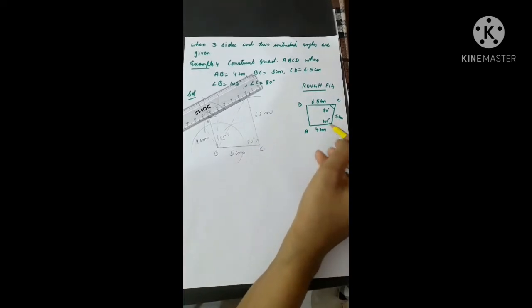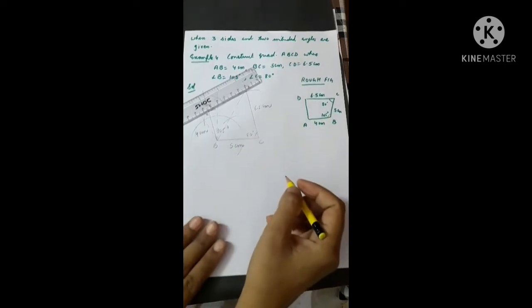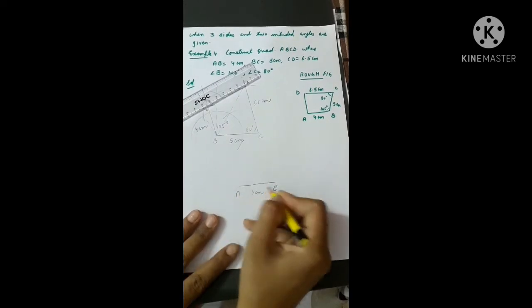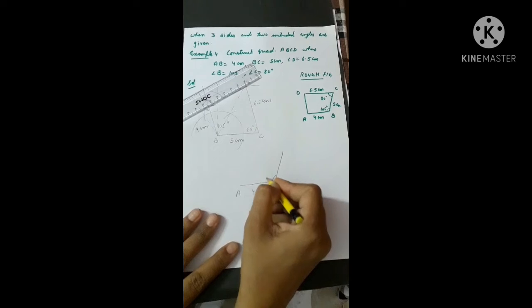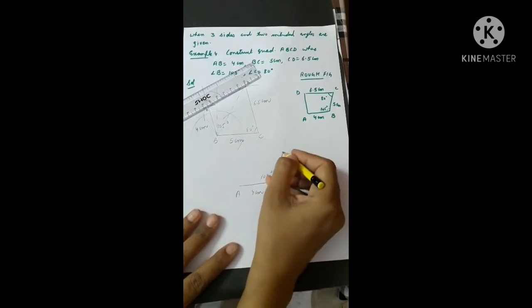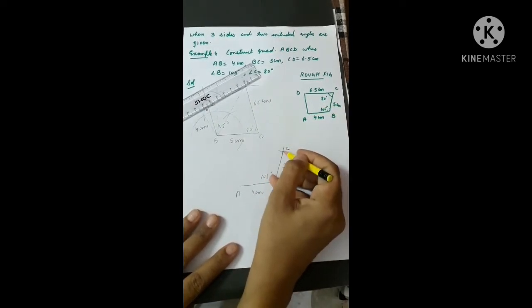If I draw AB, AB could be the other starting point. See, angle B is given 105 degree. If I start with AB, 4 centimeter, then I draw this as 105 degree. Now from here, BC is how much? 5 centimeter. I'll cut an arc of 5 centimeter, say C. Then from C, I will draw an angle of 80 degree.